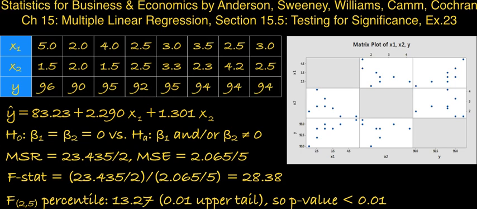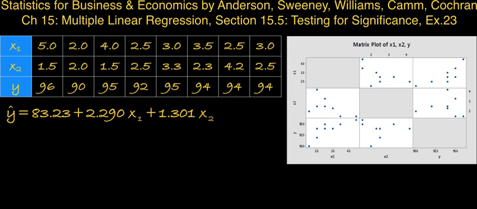And we can actually use Minitab to find the p-value exactly, and it comes to 0.002. And so either way, we've discovered that the p-value is smaller than 0.01, which is our significance level. So we reject the null in favor of the alternative and conclude that there is a significant relationship between y and the independent variables or predictors x1 and x2.